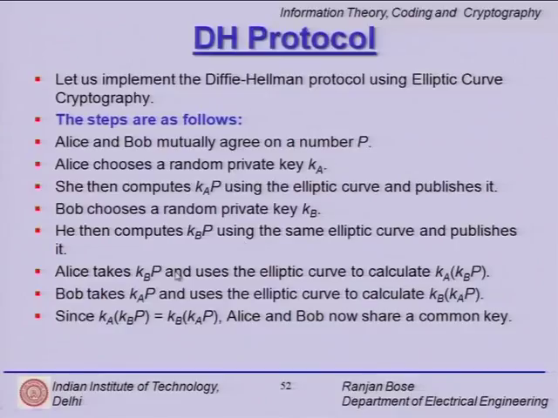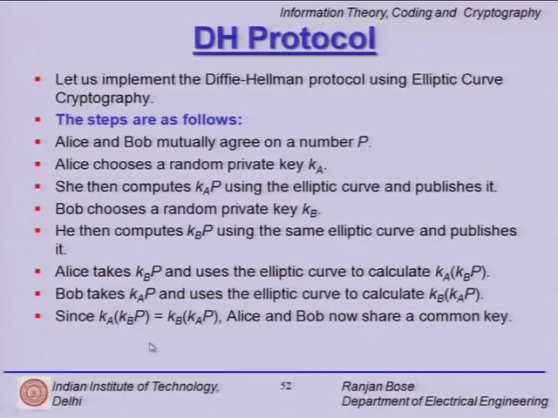Now, what does Alice do? Well, k b p is known, she takes the elliptic curve and again does k a times k b p, but k a is known to Alice. What does Bob do? Bob knows k a p, and he has got his own k b known to Bob, he does k b times k a p.